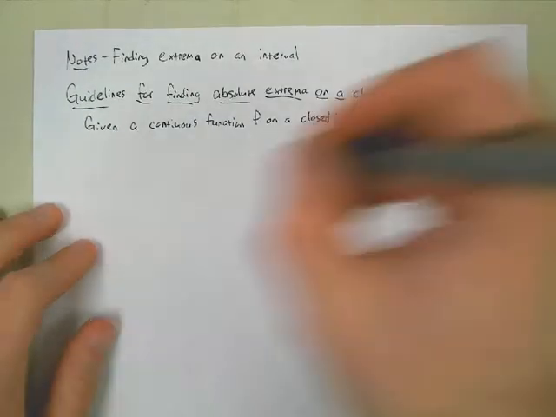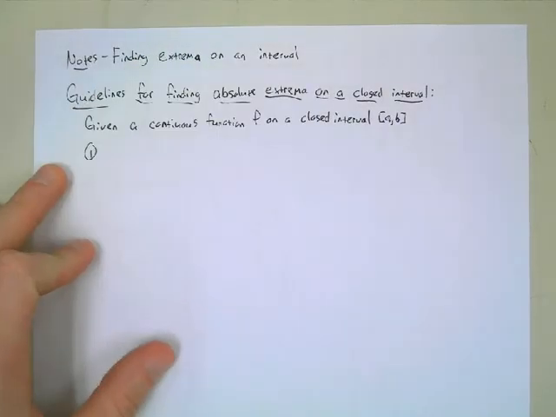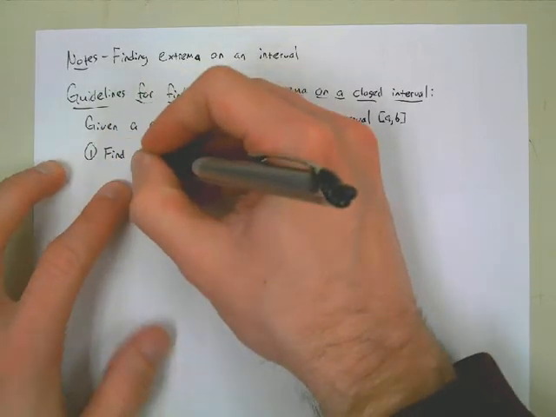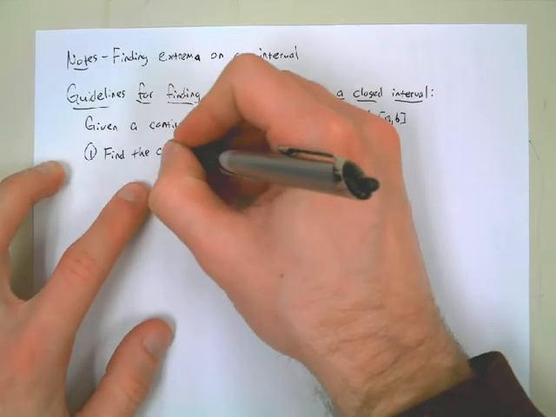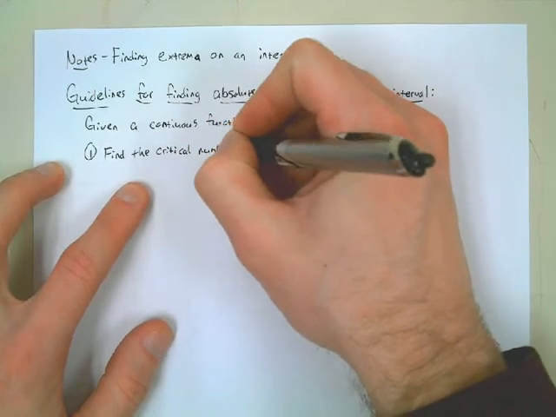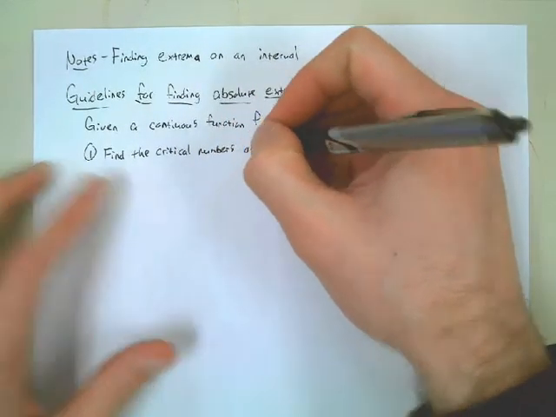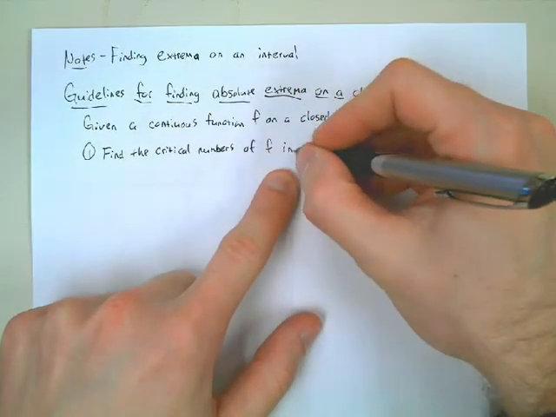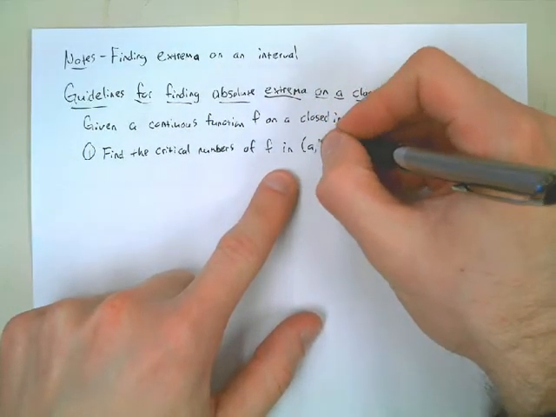Step 1. Find the critical numbers of f in the open interval from a to b, so we don't include the endpoints here.